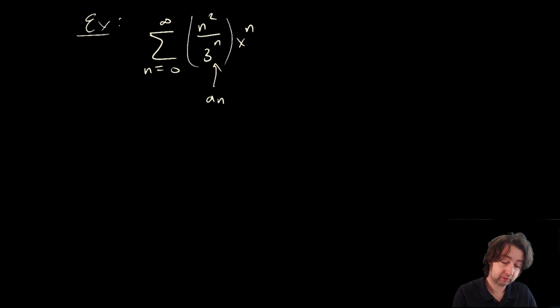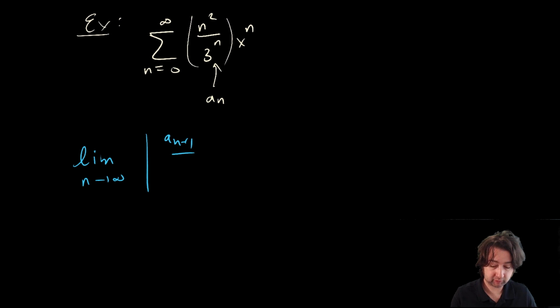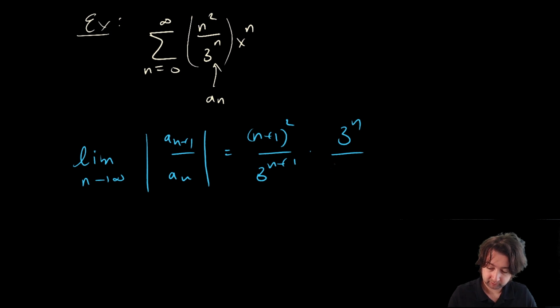I can use the ratio test on this to compute the limit as n goes to infinity of a_(n+1) over a_n. If you write that down and then take the reciprocal of the denominator and multiply, what you'll end up with is (n+1) squared over 3^(n+1) times 3 to the n over n squared, the limit as n goes to infinity.